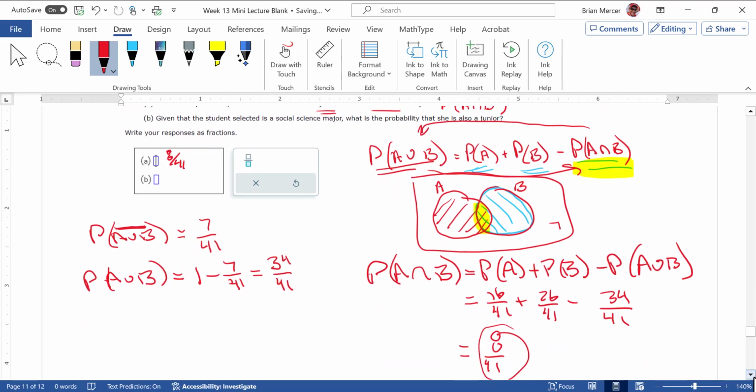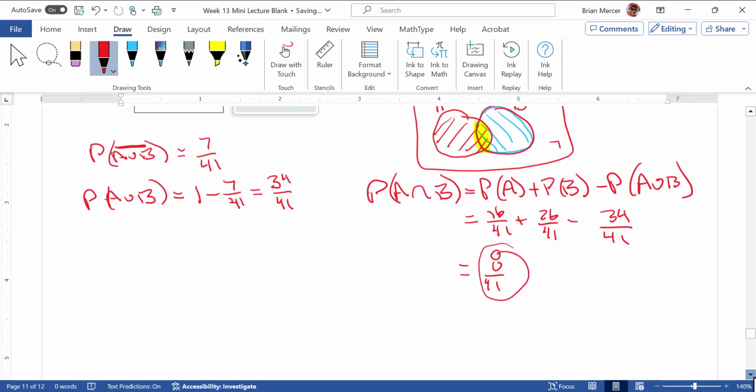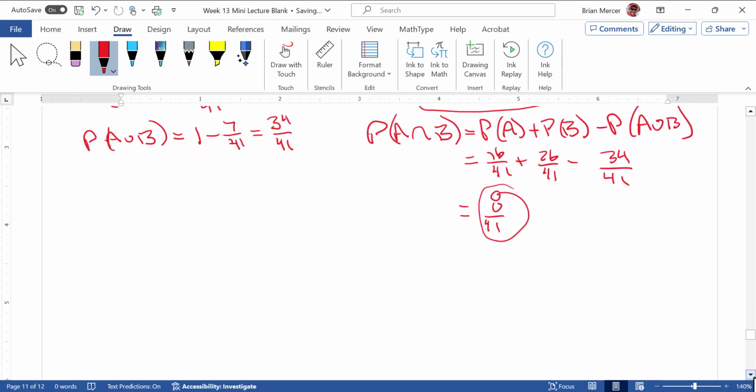if you remember, we've seen this formula already for how to find the probability of an intersection when you have conditional probabilities. In other words, when the events are dependent.